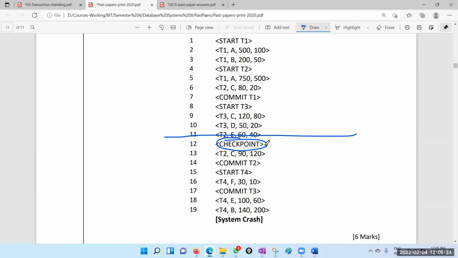At checkpoints, you know that it's a stable place. Stable place means all the dirty data is flushed to the database. But it doesn't guarantee that forcing can't still happen.